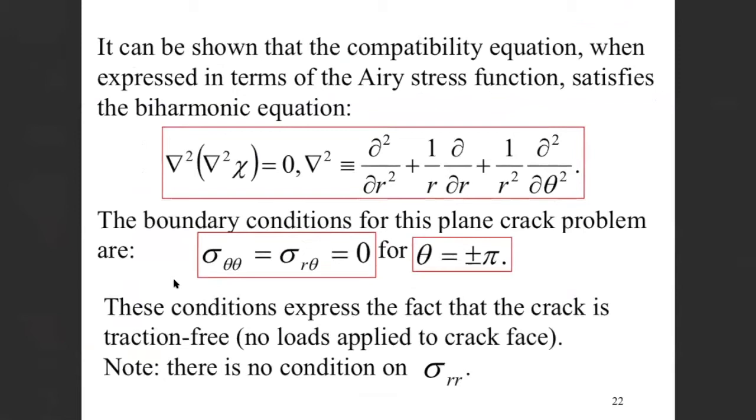And now we need to think about what the boundary conditions need to be for our crack problem. In this case, we need to think about theta equals plus and minus pi, meaning that we're aligned along the crack.